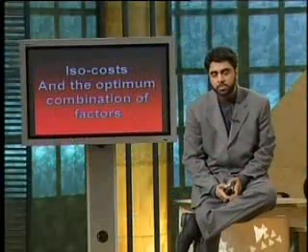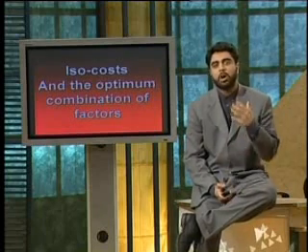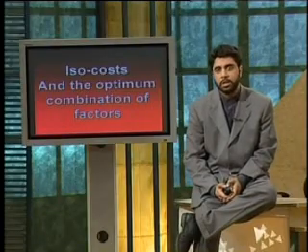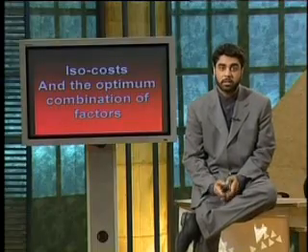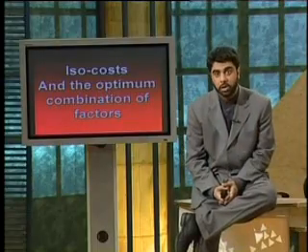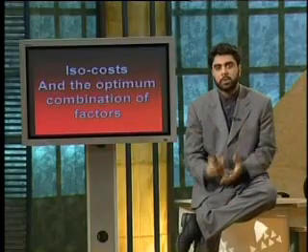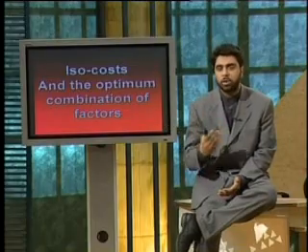So, my friends, by answering that last question, that is, what is the optimum combination of inputs that a firm should use, we've answered the third question that a firm had to answer when it was operating in the long run. Remember that the first question was, what scale of operations should it choose, whether it should operate at a large scale or a small scale.